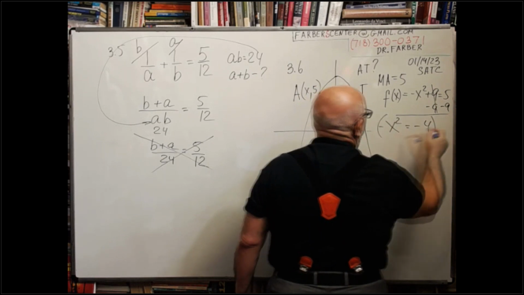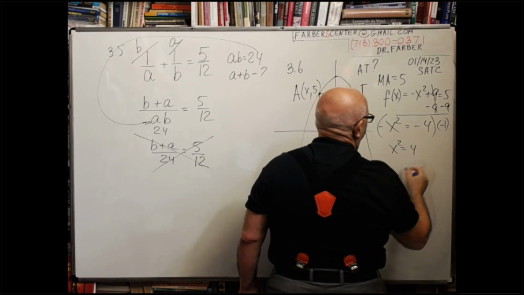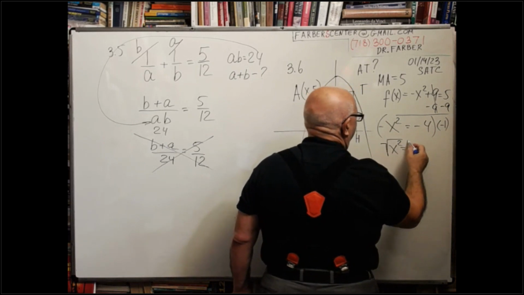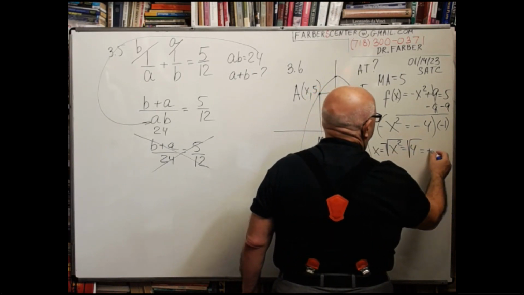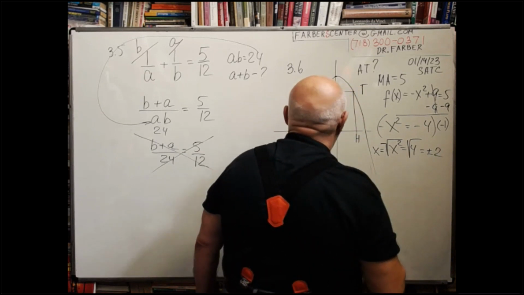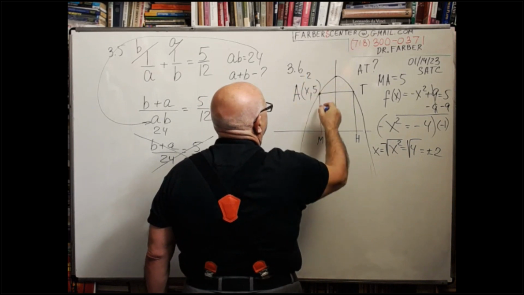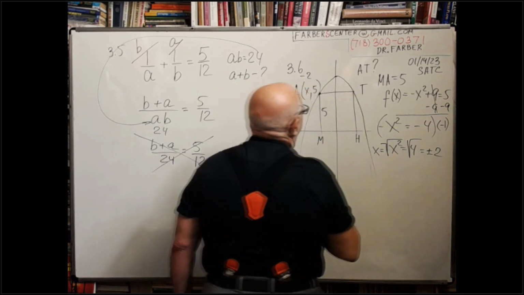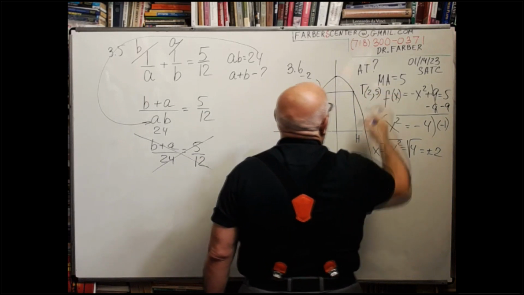Multiply both parts by negative 1. You have x squared equals 4. Take square root of both parts. X equals plus minus 2. So it means this is negative 2. And this is positive 2 and 5.